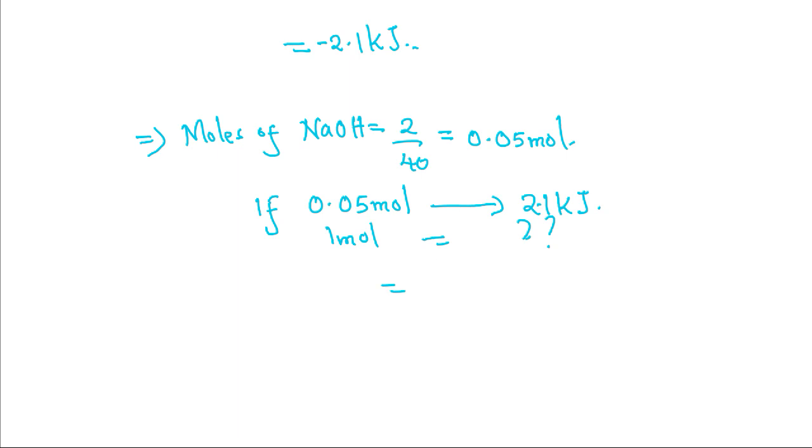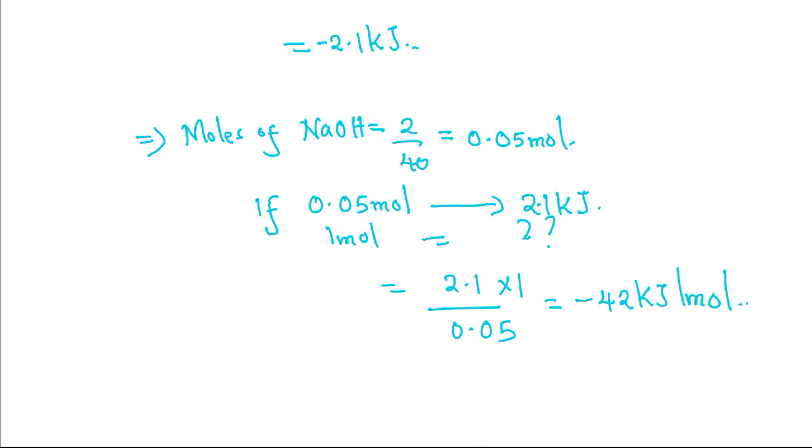That is 2.1 times 1 over 0.05, giving a new value, and that is negative 42 kilojoule per mole, as the molar heat of dissolution of sodium hydroxide.